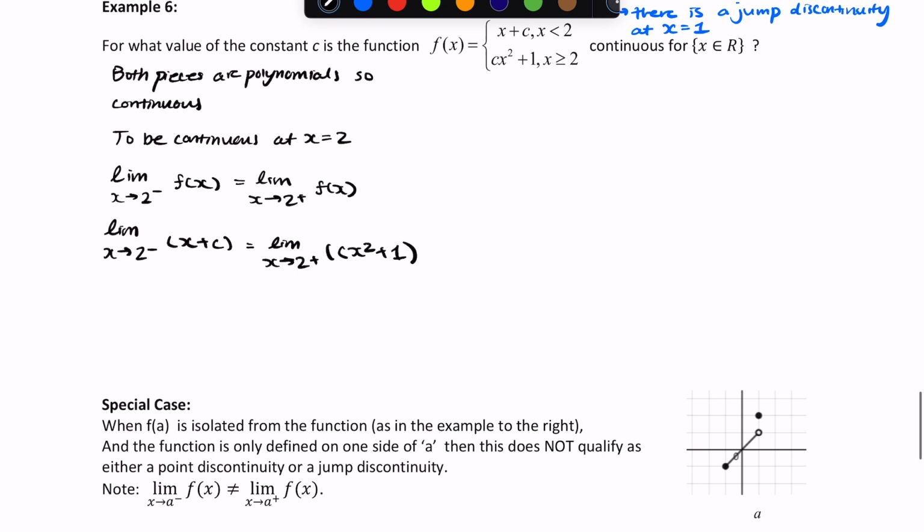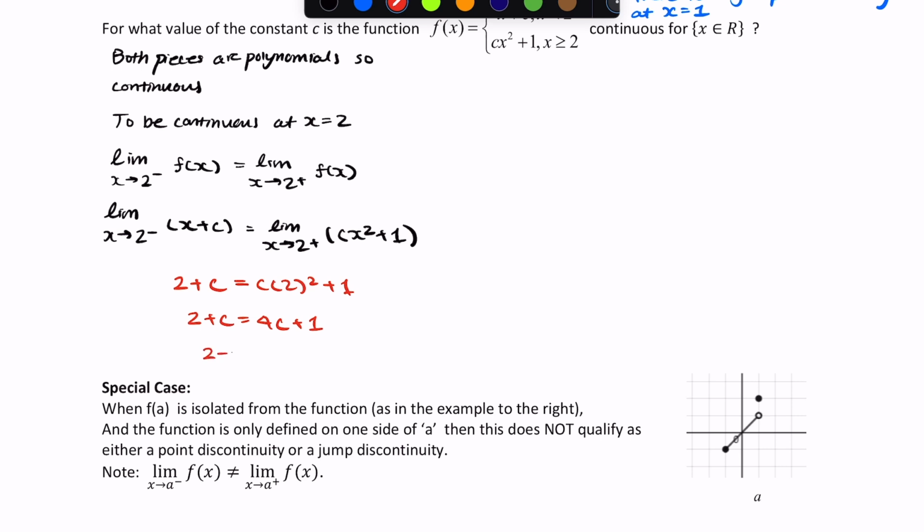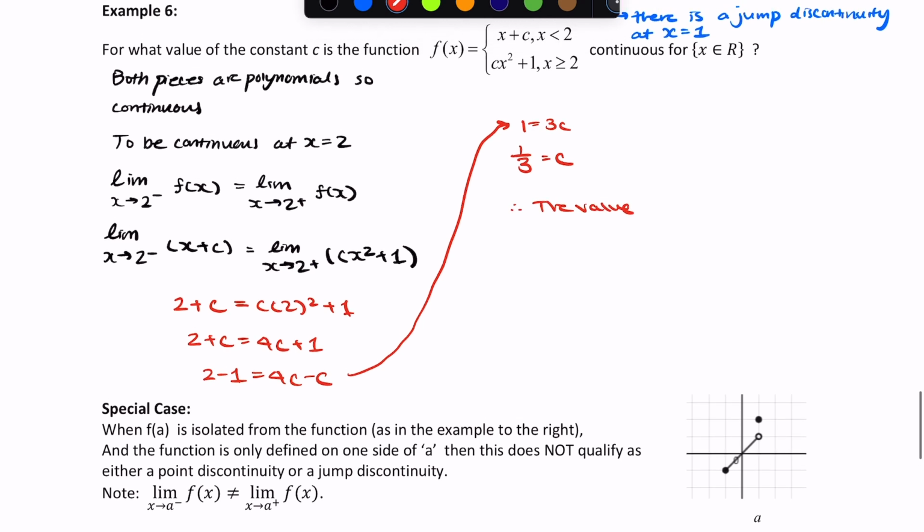And so here we have 2 plus c is equal to c times 2 squared plus 1. 2 plus c is equal to 4c plus 1. Rearrange, get 2 minus 1 is equal to 4c minus c. Here we have 1 is equal to 3c, and therefore c is equal to 1 over 3. So therefore, the value of c which makes this function continuous is 1 over 3.